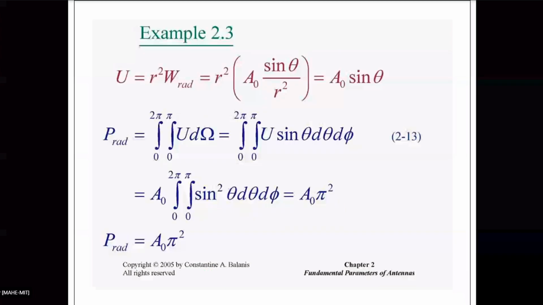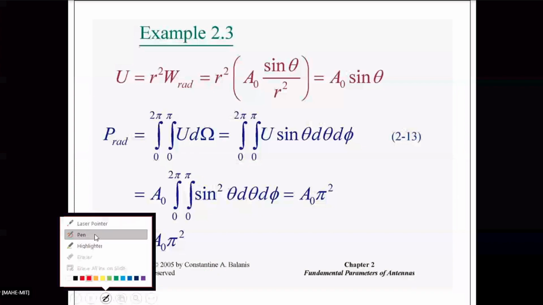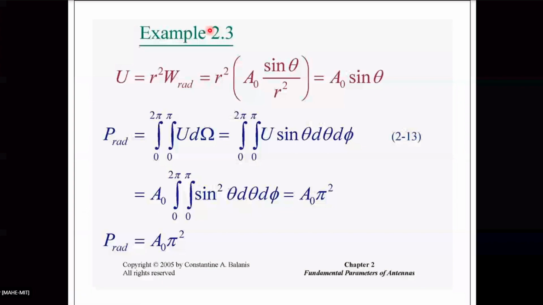Yes, sir. Now there is a problem. He has given U is equal to R square W rad. That problem he had given. It can be worked out in another way also. Find U. U is equal to R square into W rad. The W rad expression was given in the example.